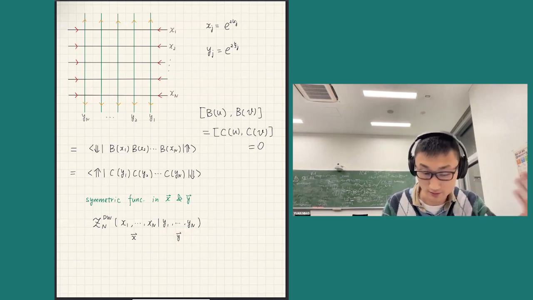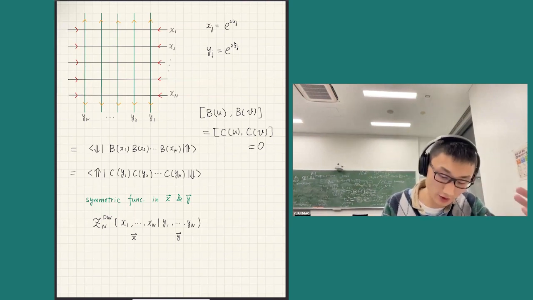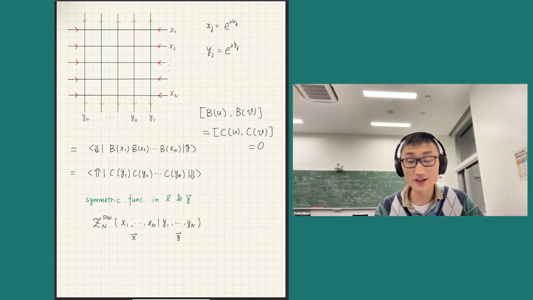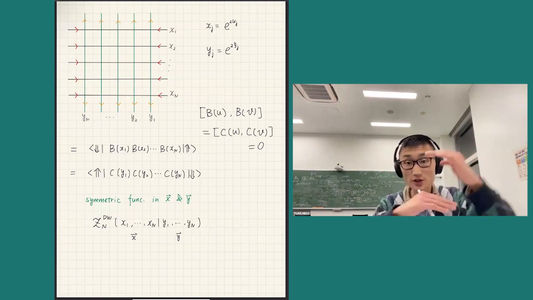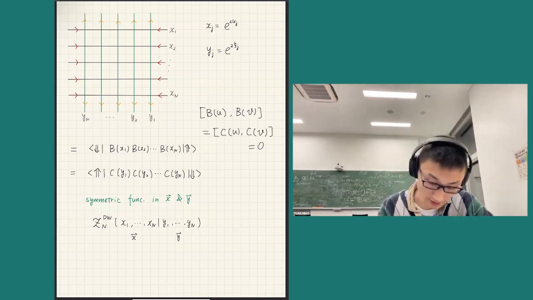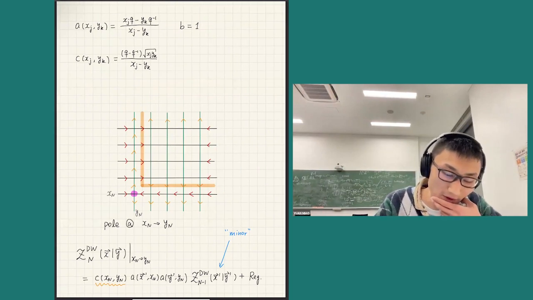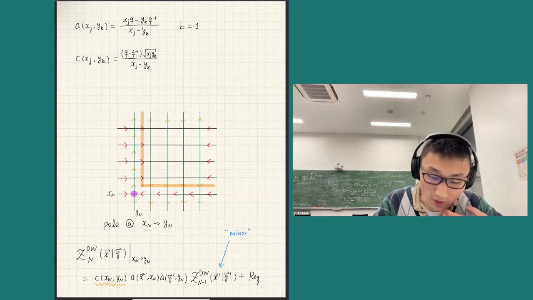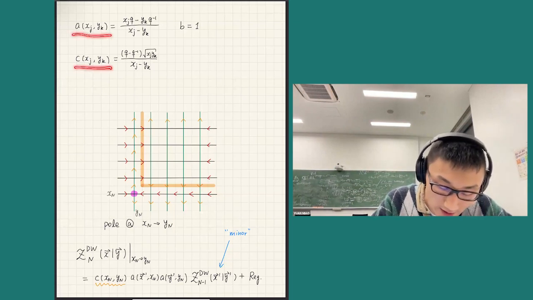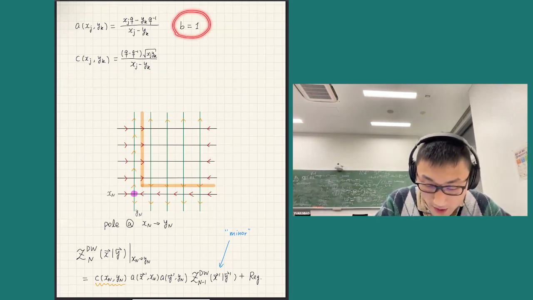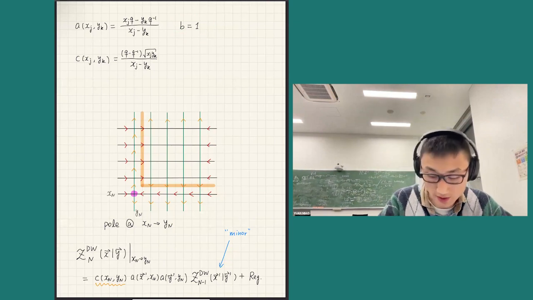This is very important later on, because I want to show you that this partition function is more or less a determinant. And we know that for a determinant, you can shuffle each row and column without changing the value. In terms of these variables x and y, these A and C vertices are written in this way. The exact form is not very important, but B is always 1.